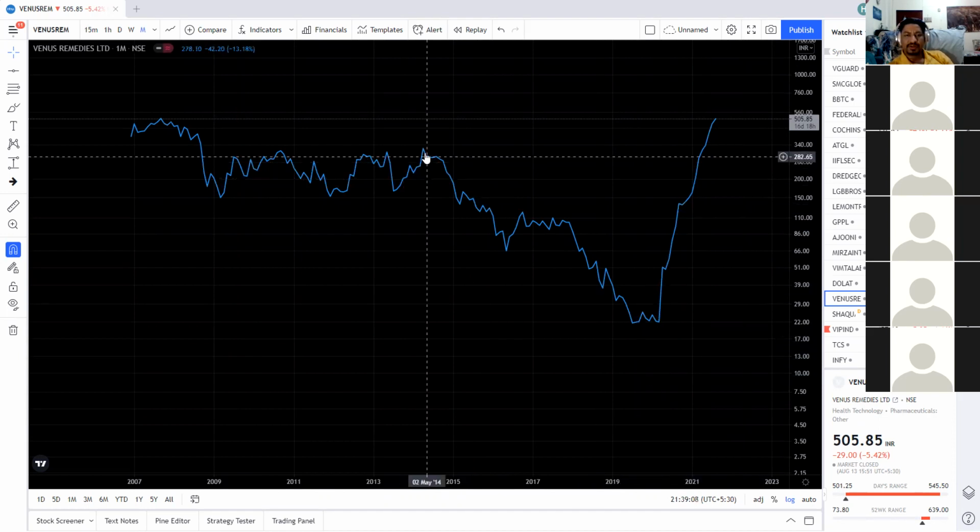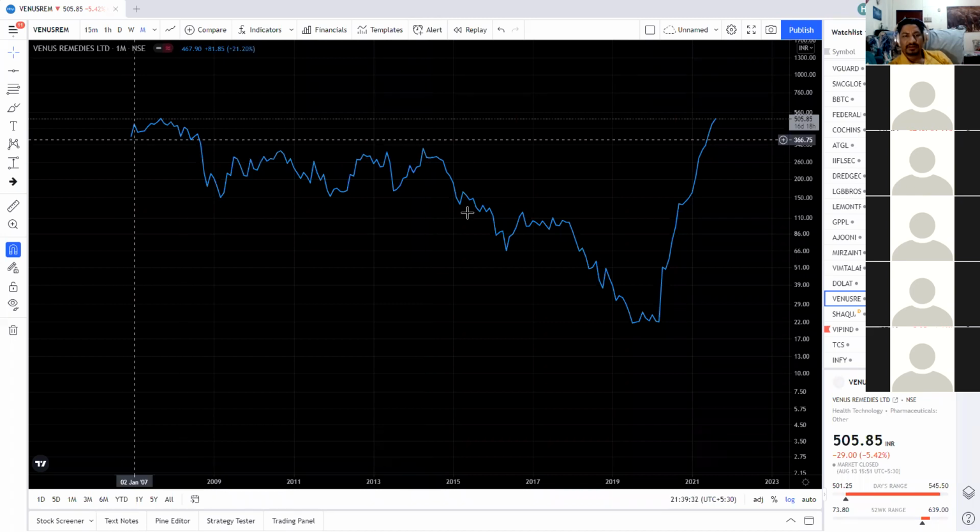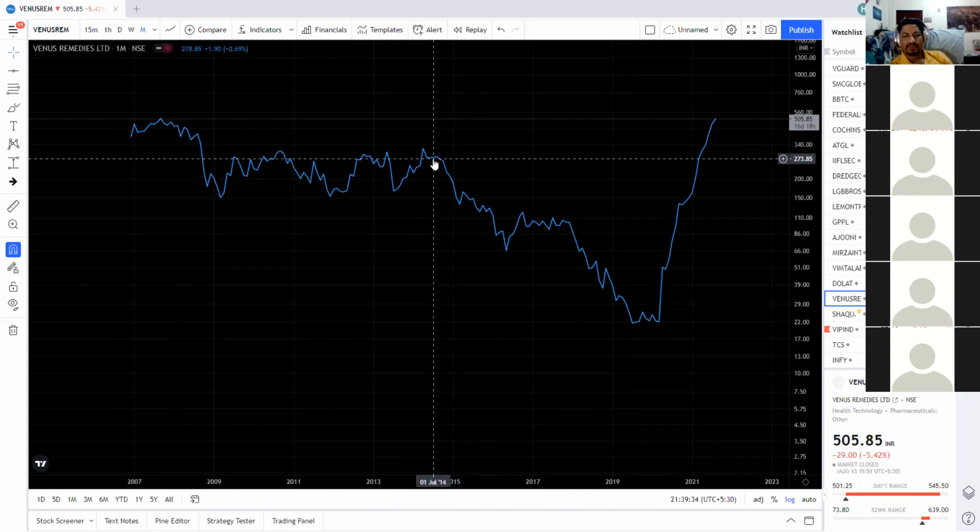Whenever you put your cursor here, say I put my cursor on the right side, it tells about the price on that day. What is the price on the right side? You can read. 276. And what was the date on that day? 2nd June 2014.